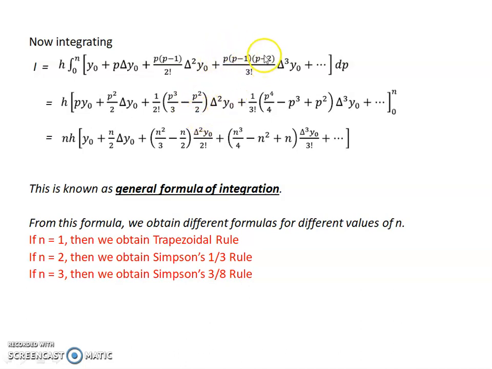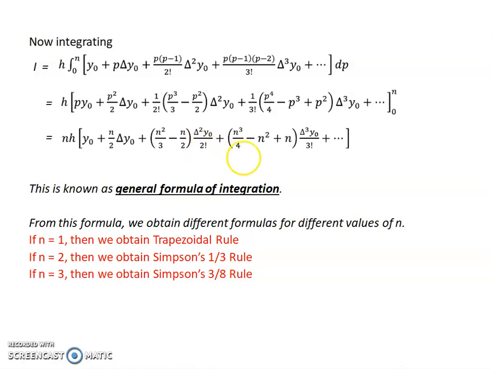Similarly, if we integrate the fourth term, we get this one. Now putting the limits from 0 to n here, we obtain this equation. We have taken h common, then we have nh, y0 plus n divided by 2 del y0 plus n square divided by 3 minus n by 2, del square y0 divided by factorial 2, like this. This formula is known as the general formula of integration.